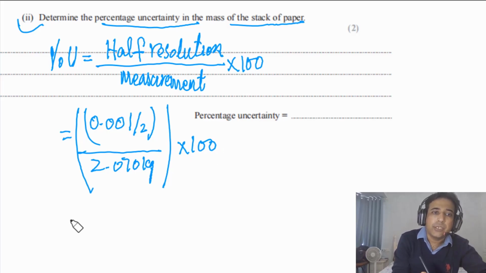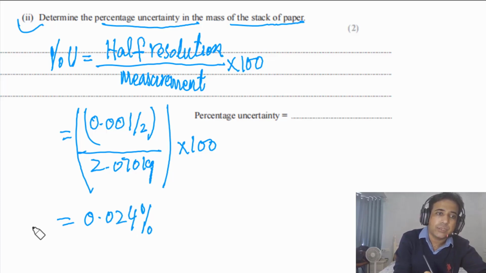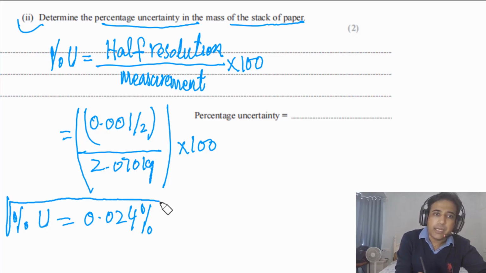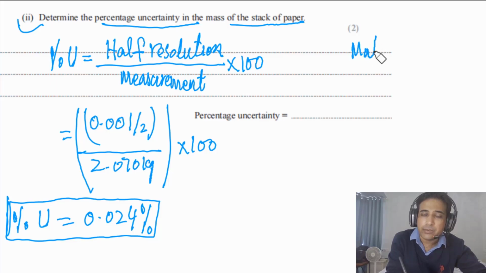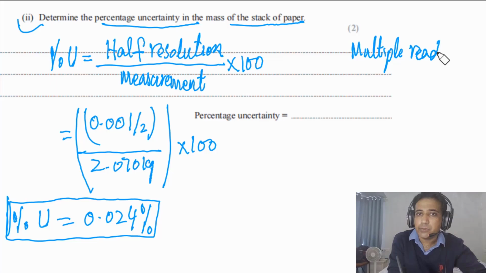If we solve this, we will get 0.024%. This is how we can calculate percentage uncertainty, and this is only for one reading. If we have taken multiple readings, let me write down here, for multiple measurements.